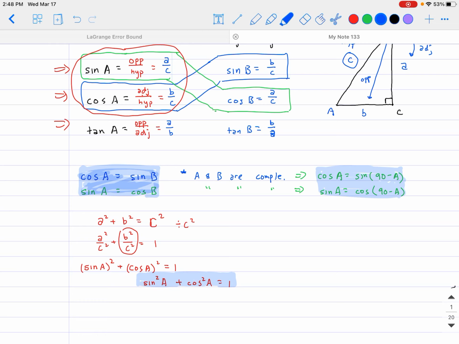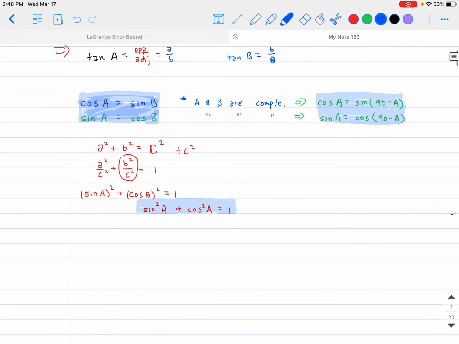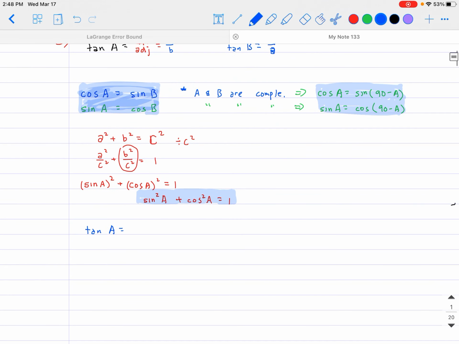And lastly, there is one more theorem, and that's the following right here. Focus on tangent of an angle. If I say the tangent of an angle, well, by definition, that is supposed to be the opposite over the adjacent, right? Because that is the definition of tangent. Now, what I can do is take that and do the following.